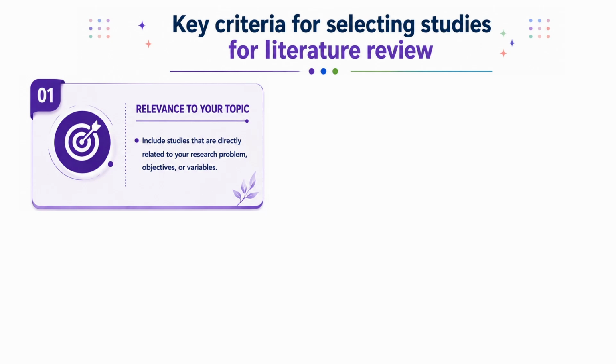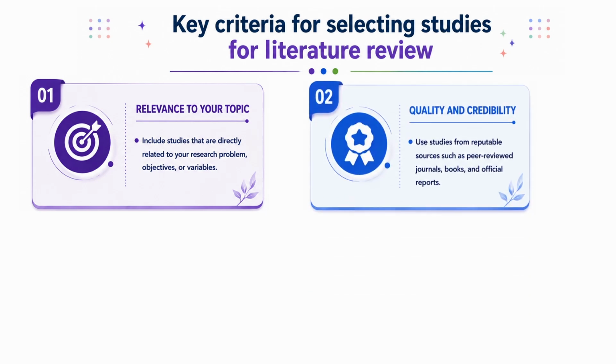Relevance to your topic. Whichever articles you downloaded should be relevant to your research. Include studies that are directly related to your research problem, objectives, or variables. Quality and credibility. Whichever article you downloaded should have good quality.